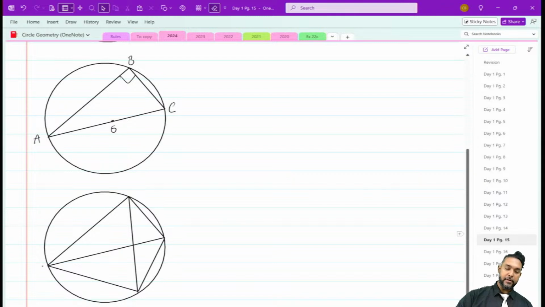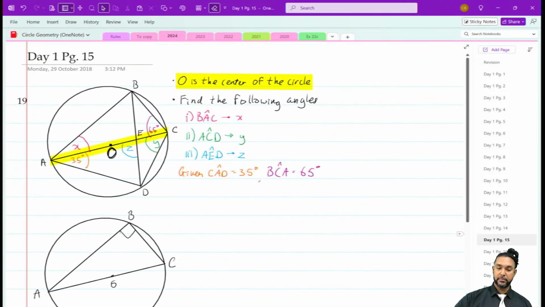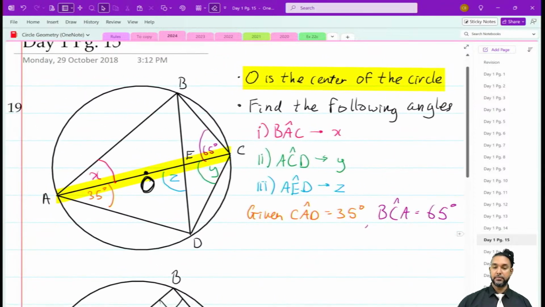Similarly, if we put O here, and you have A, B, C, D, and we take out this, isn't that also a semicircle? Have a 90 degree here. So we have two 90-degree angles. Yeah, the whole of B is 90 and the whole of D is also 90. That's correct.